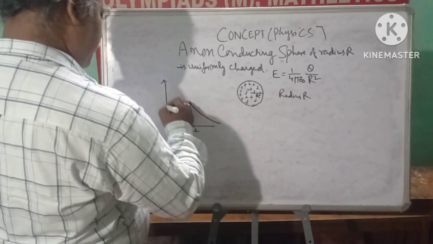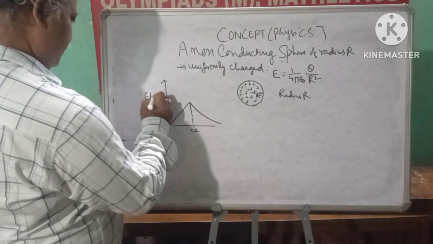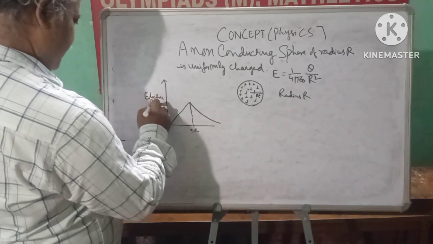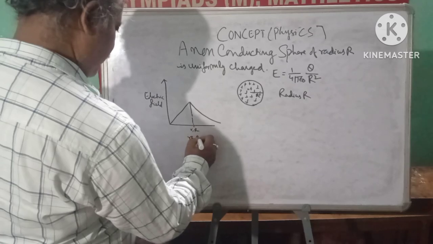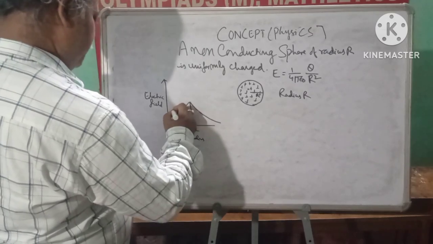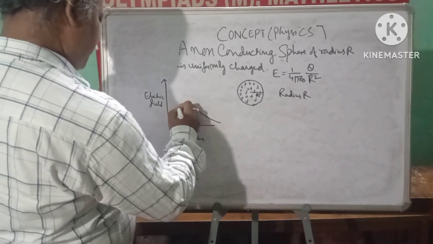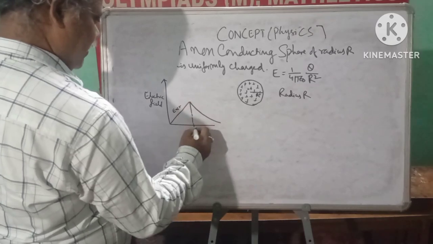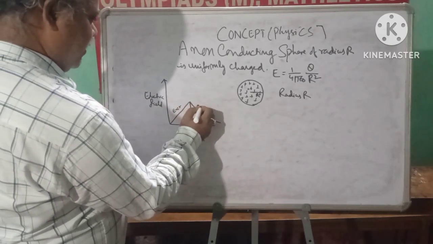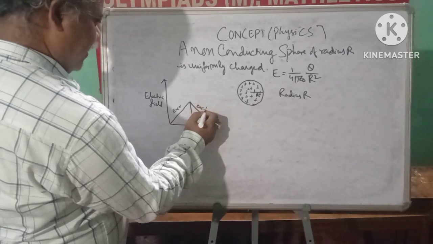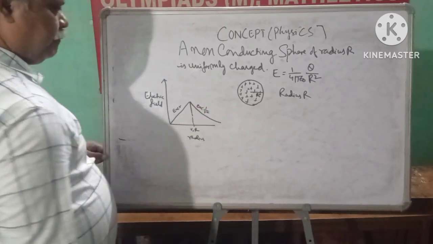This axis is the electric field, and here this is the radius. At this portion the electric field is proportional to r, and it is maximum at the surface, and then the electric field decreases as 1 by r square.